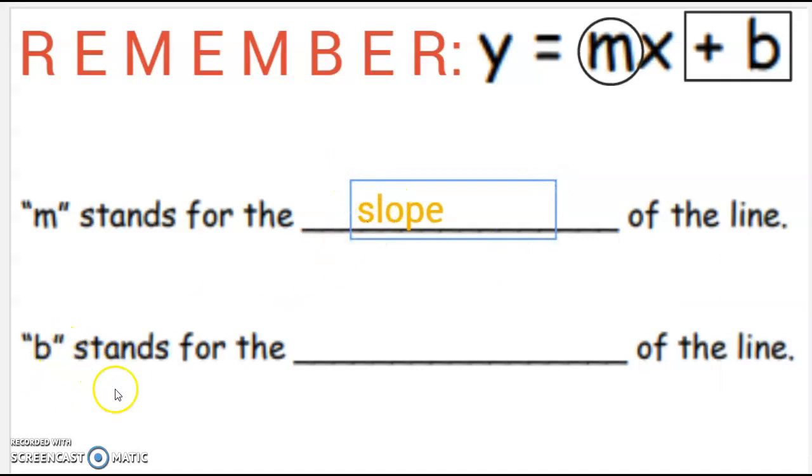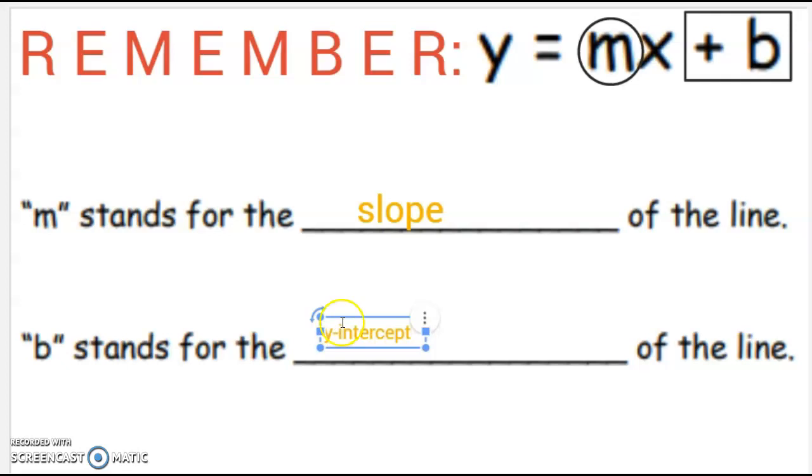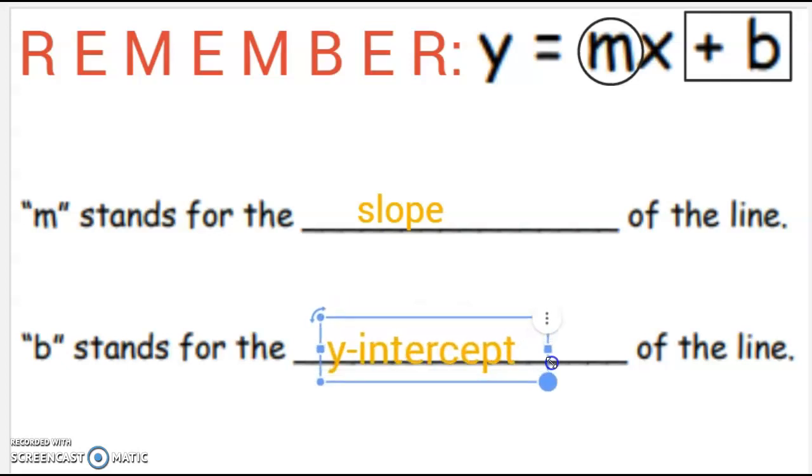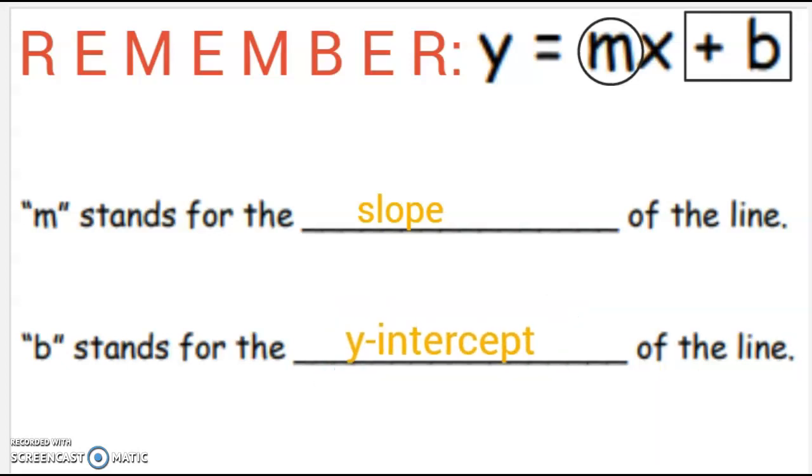And then B stands for the y-intercept, so it's where my line crosses the y-axis. In order to write equations, I need to have those two before I can write them.